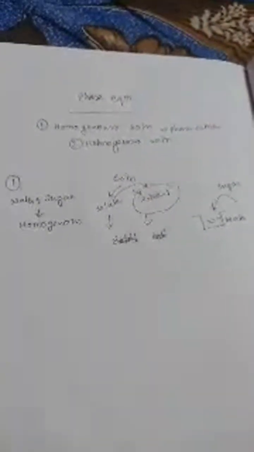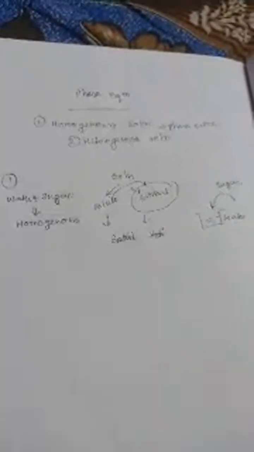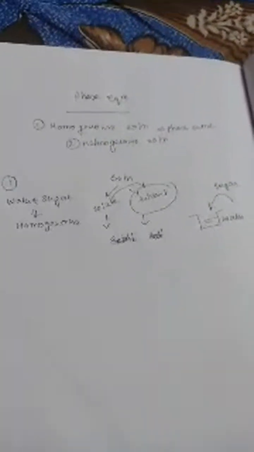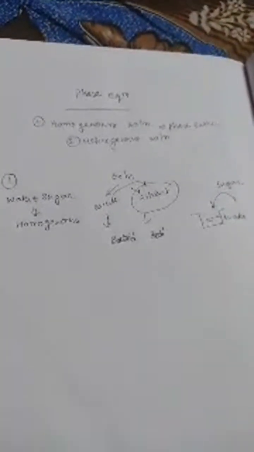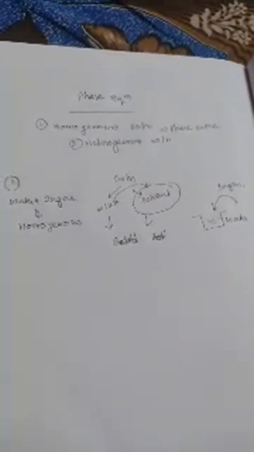There are still two components, but they are mixed in such a way that they become one solution. The two components cannot be separated by a mechanical way, that is called homogeneous.